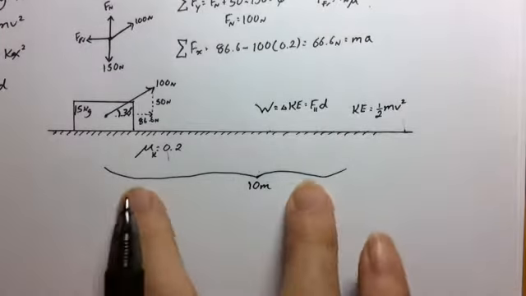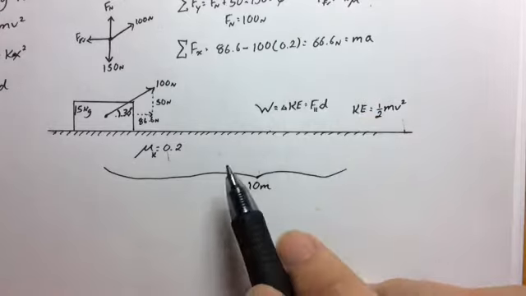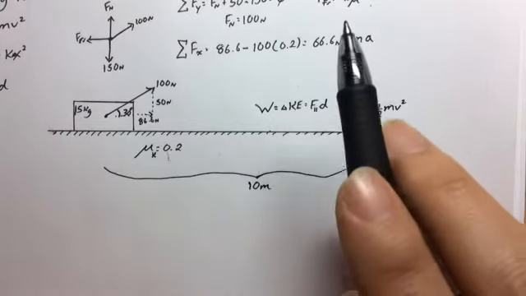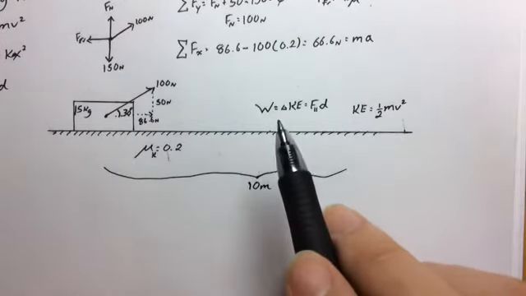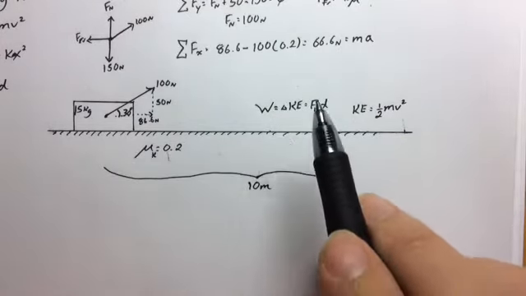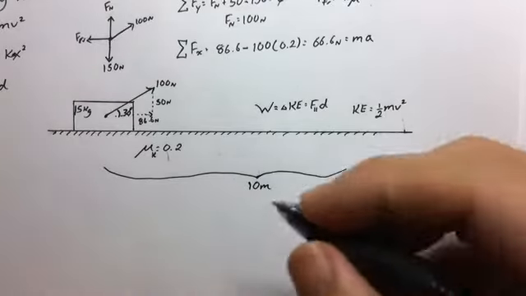We've got the 86.6 Newton force that's going to the right, and we've got this force of friction that's going to the left. Now they're fighting each other, and this 86.6 Newton force won, and it won by that much. So overall, we have a force of 66.6 newtons acting as the force over this distance that's going to give it kinetic energy, and here's how we write it.